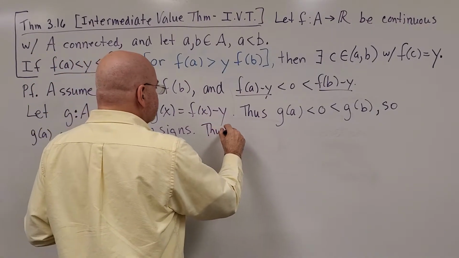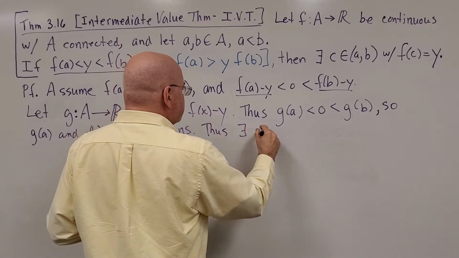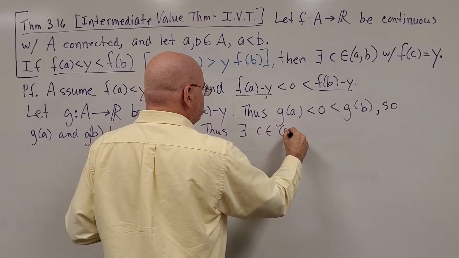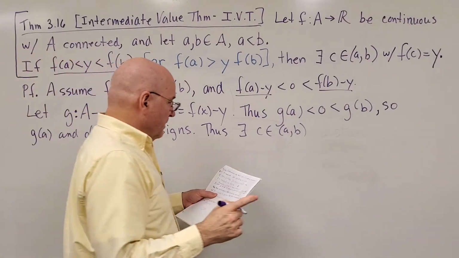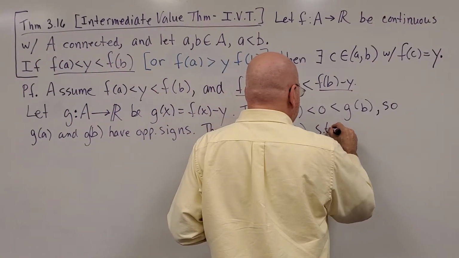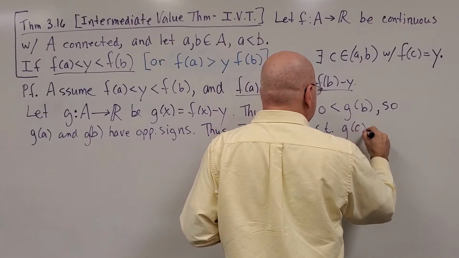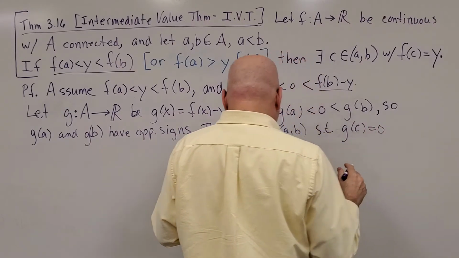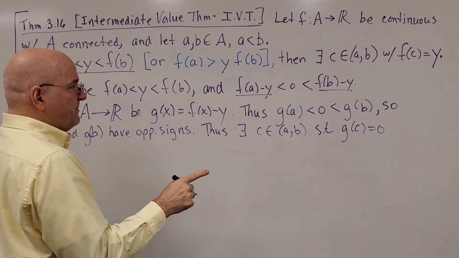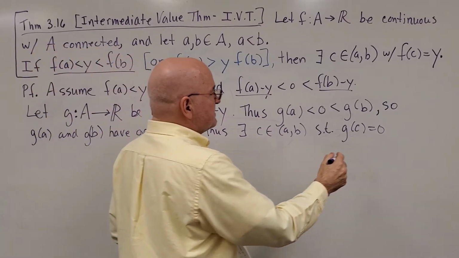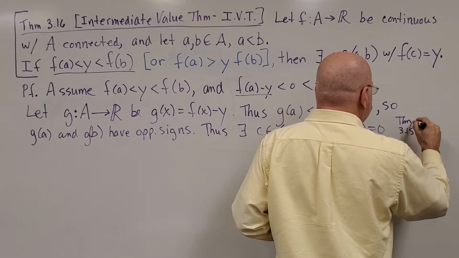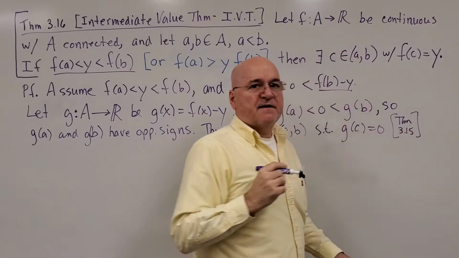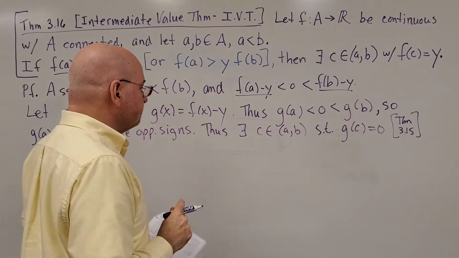Thus, there exists a c strictly in between a and b, such that g of c is equal to 0. That's by Theorem 3.15, the modified Bolzano's theorem.